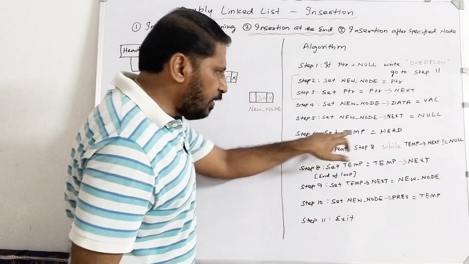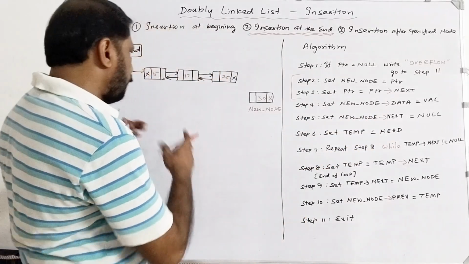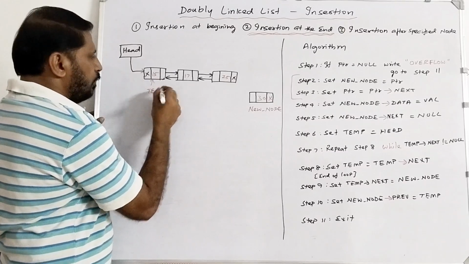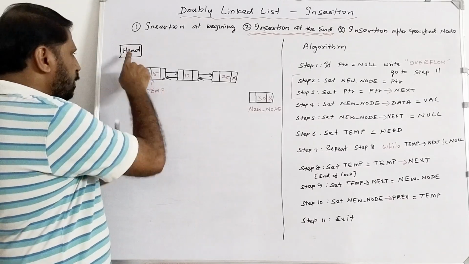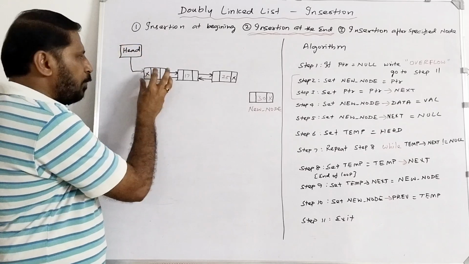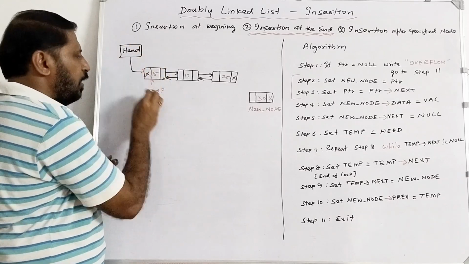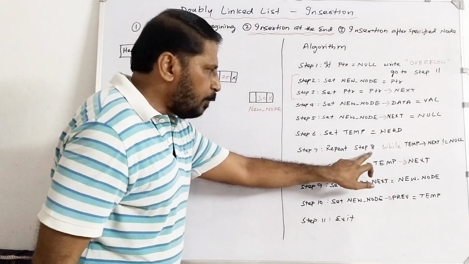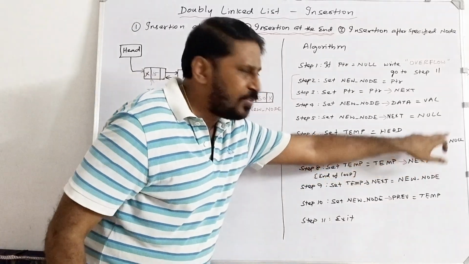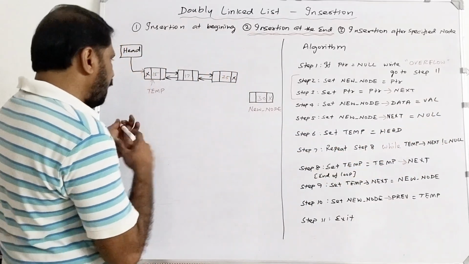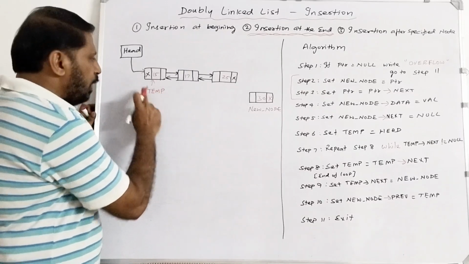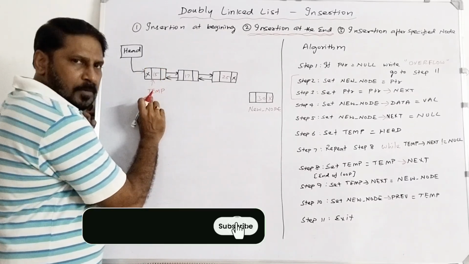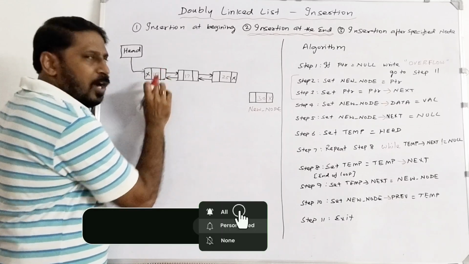Step 6: set temp equal to head. We take this as temp. Head means we are taking the memory pointer of this particular node from the head. Then step 7: repeat step 8 while temp next not equal to null. Each time we check whether temp next is not equal to null.